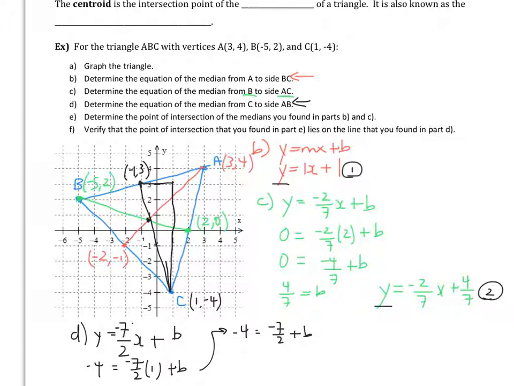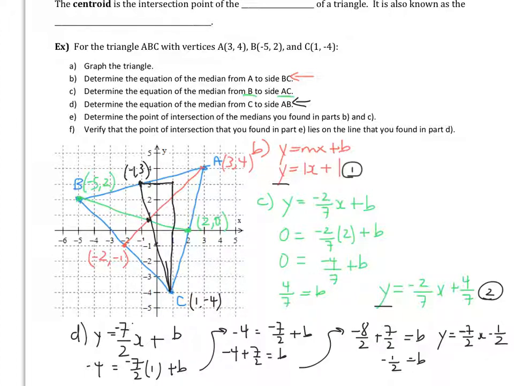I'm going to add 7/2 to both sides, so I've got -4 plus 7/2 equals b. -4 is the same thing as -8 over 2. I'm getting a common denominator here. Plus 7 over 2 equals b. And that looks like -1/2 equals b. So it looks like my y-intercept here is -1/2. So the equation of that third median should be y equals -7/2 x minus 1/2.